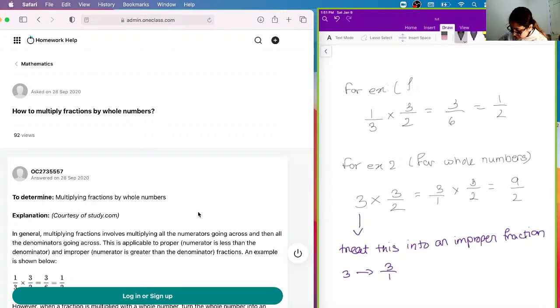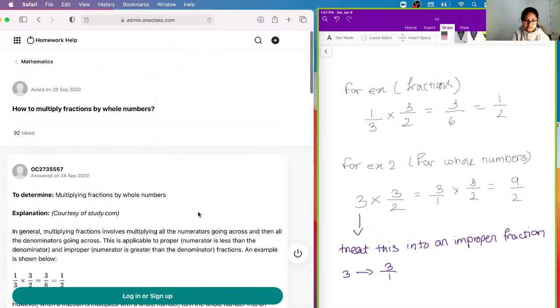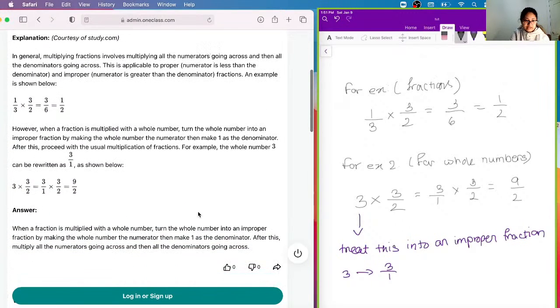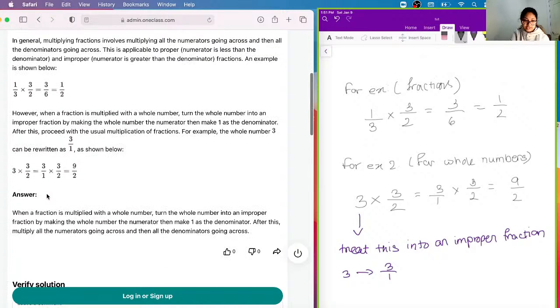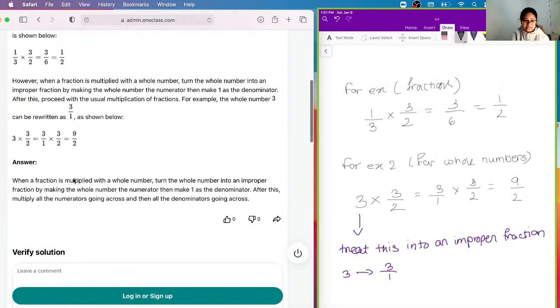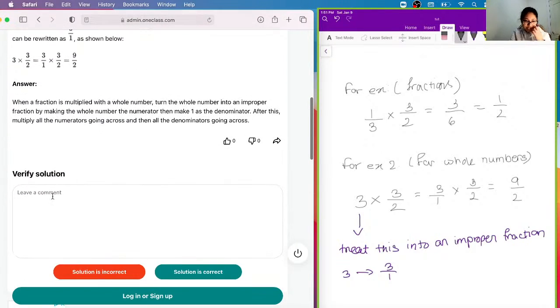You can see how over here they turned this into a fraction by letting 1 be the denominator, and you just multiply across and the solution here is correct.